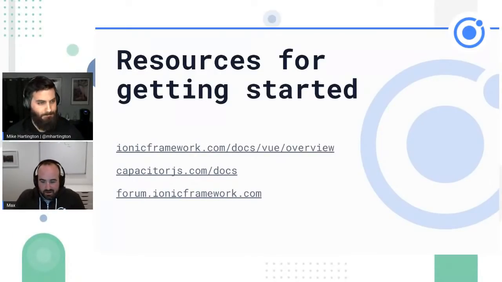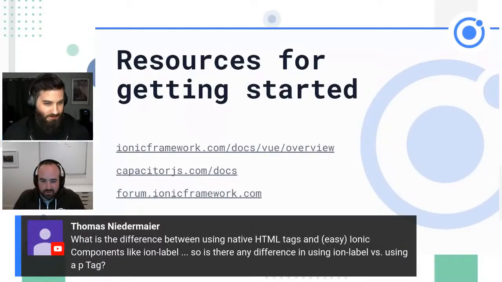Hey, Mike, there's one question about what's the difference between Ionic's components and some of the plain HTML controls. I can't see it in here, but yes, that one. So I guess the question is why do you need something like Ion Label versus using the label tag, or Ion Input versus input?